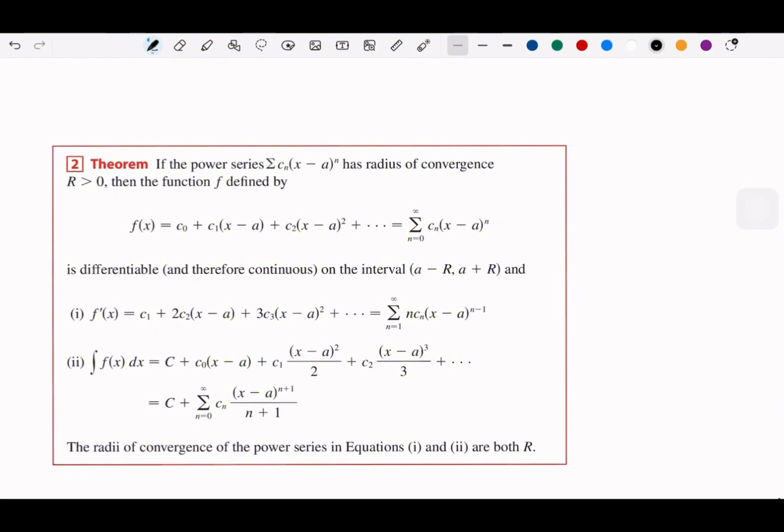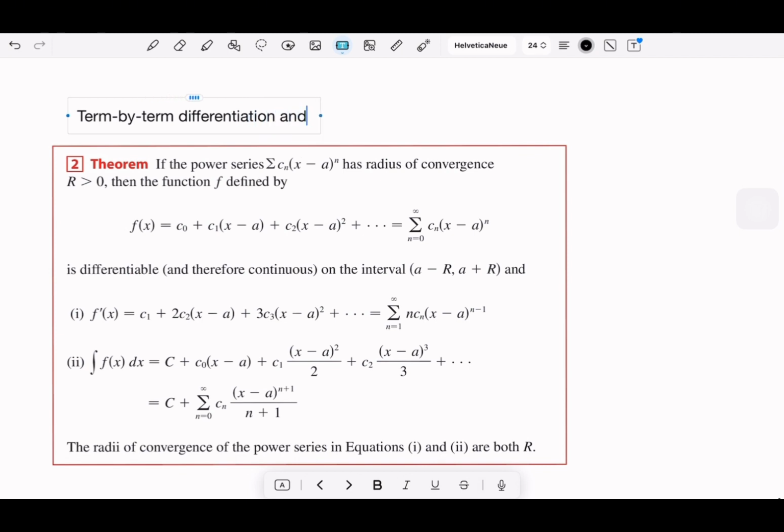So the series can be differentiated for all the terms and integrated for all the terms. So this is what we call term by term differentiation and integration.